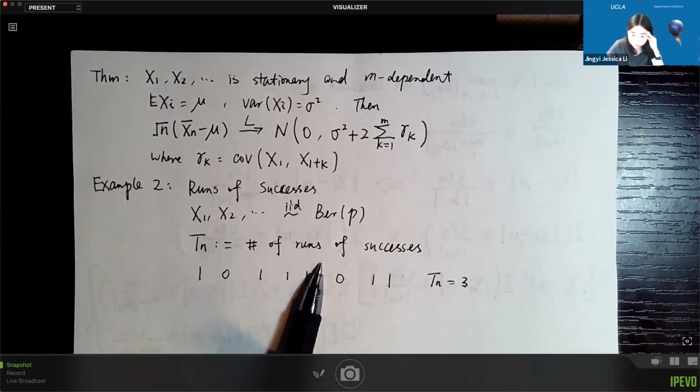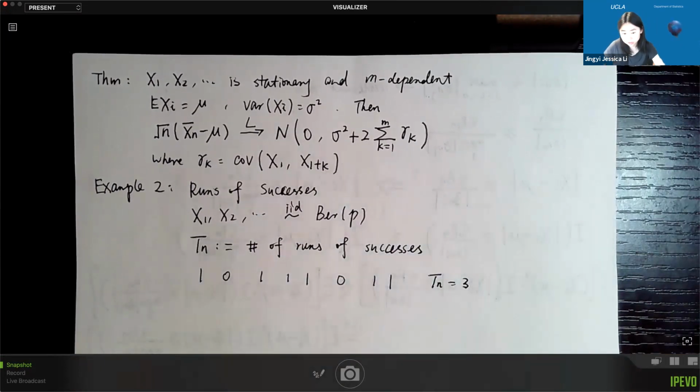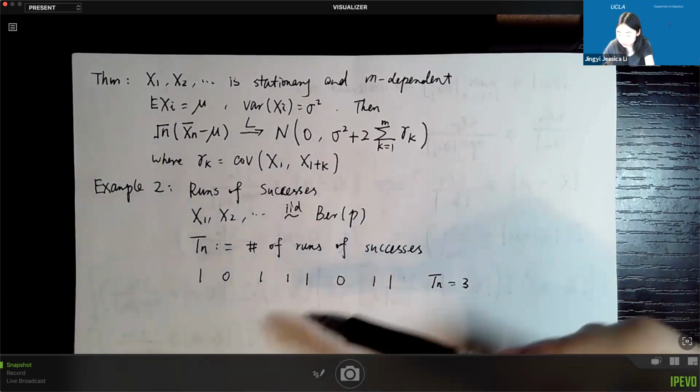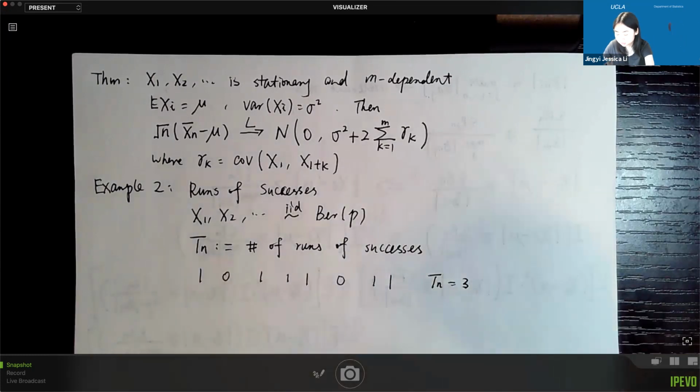And the question we want to know is, what is the asymptotic distribution of Tn if I let n go to infinity? That is, if I keep tossing for a long time, what would I expect the number of runs of successes to be distributed like? And the distribution is across the realizations.